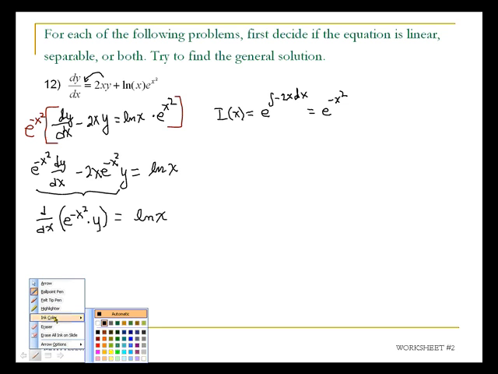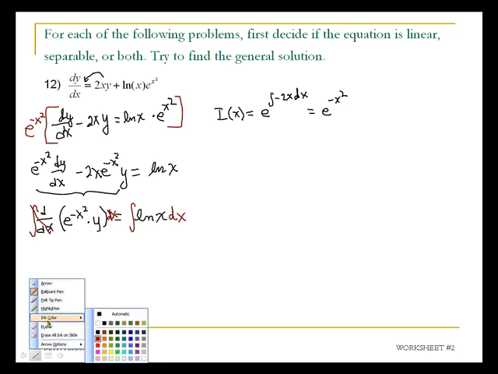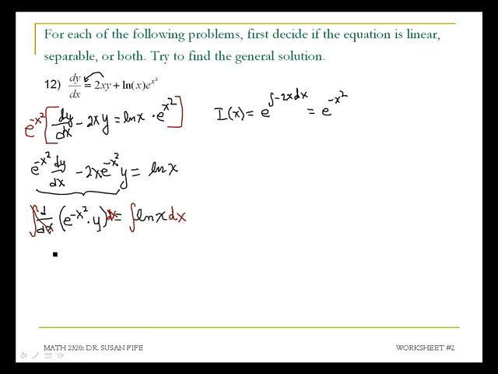And then our next step is to undo this derivative by applying the inverse, the integral. So integrating both sides will undo that derivative. It'll leave you with e to the negative x squared y on the left side of the equation.